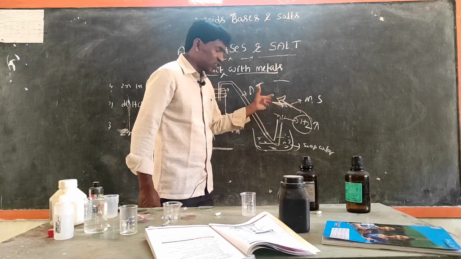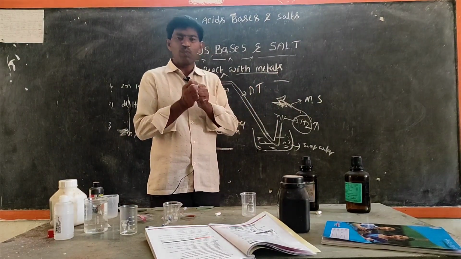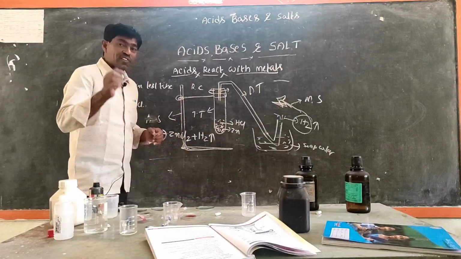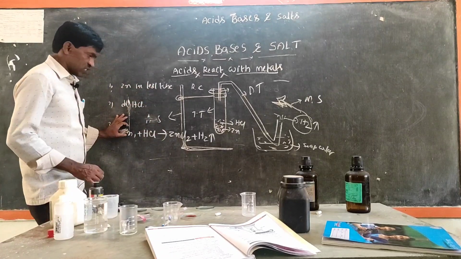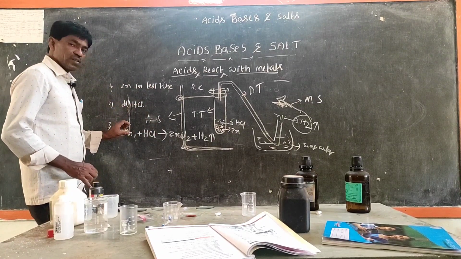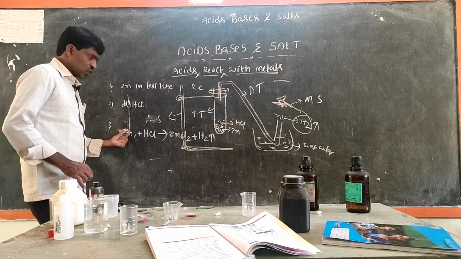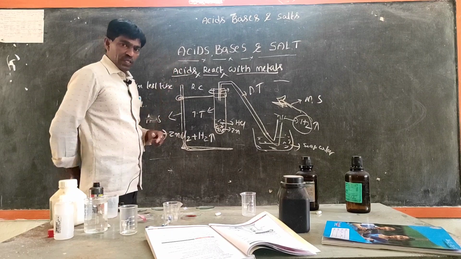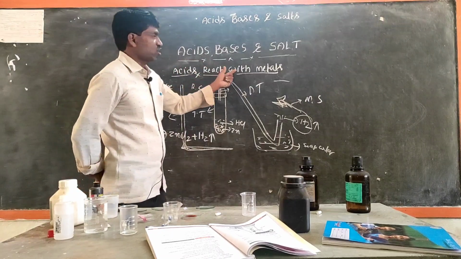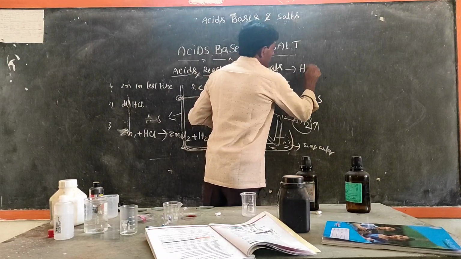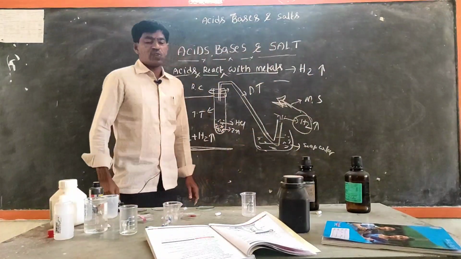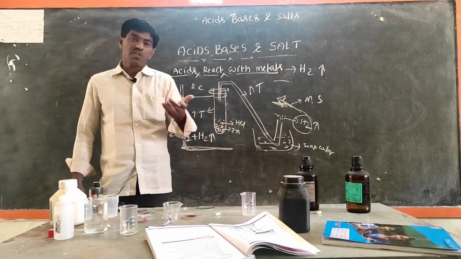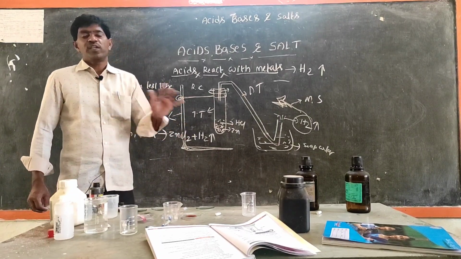Keep a burning matchstick near the gas and it will give a pop sound. This is the identification of hydrogen gas. This activity says that acids react with metals to produce hydrogen gas. So we observe the title: acids react with metals to form hydrogen gas. Similarly, bases react with metals to form hydrogen gas.